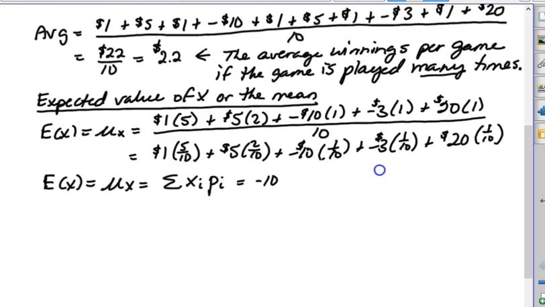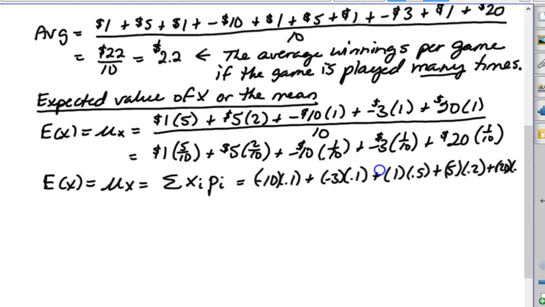It would be negative 10 times 0.1 plus negative 3 times 0.1 plus 1 times 0.5 plus 5 times 0.2 plus 20 times 0.1. And that's known as the expected value, or the mean.